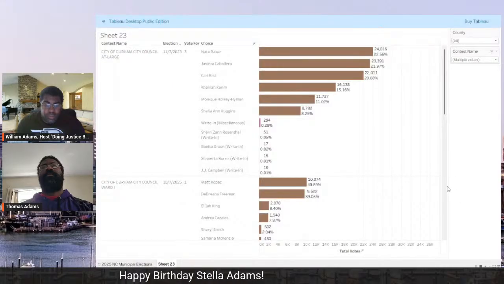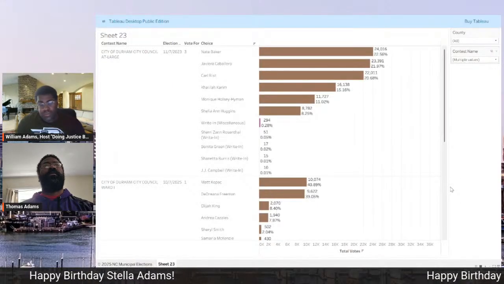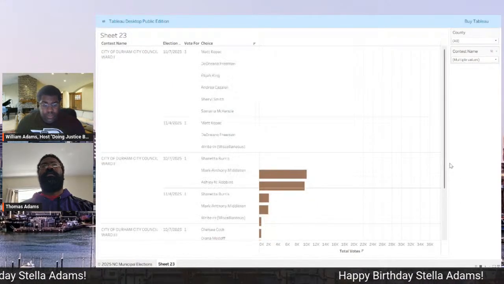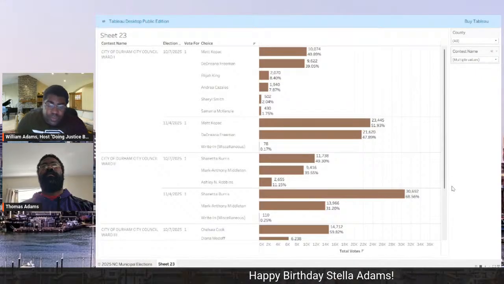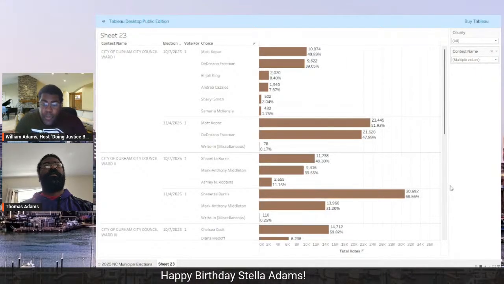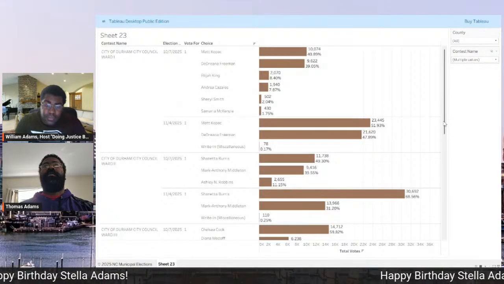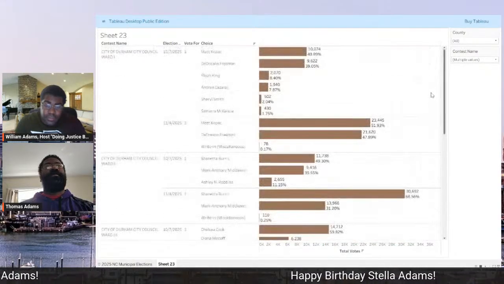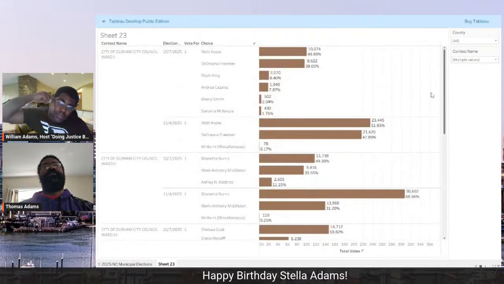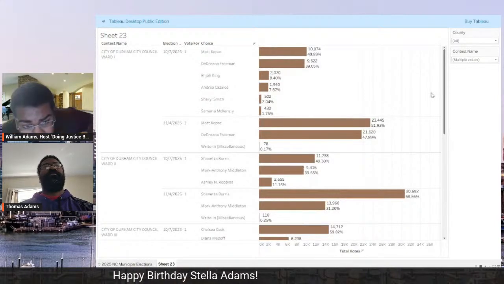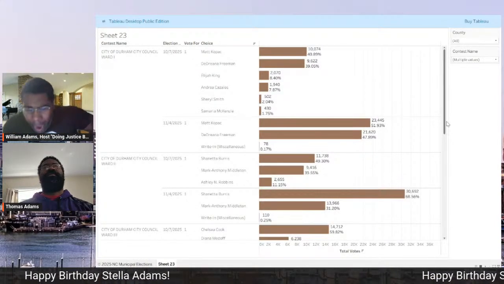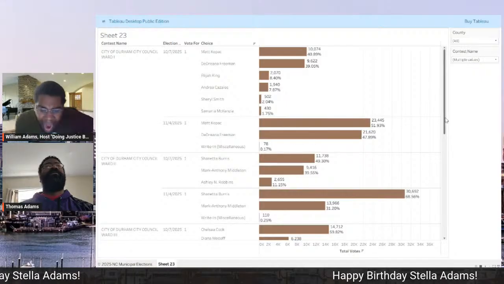So these are the results for the City Council race in Durham. These are the overall results.